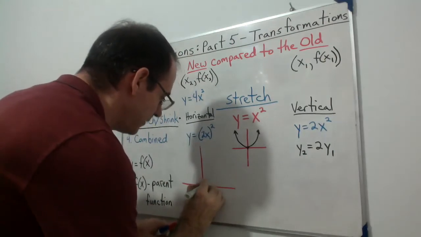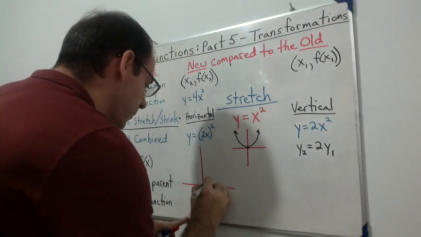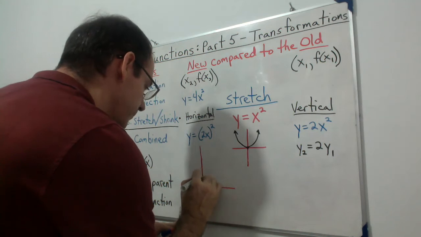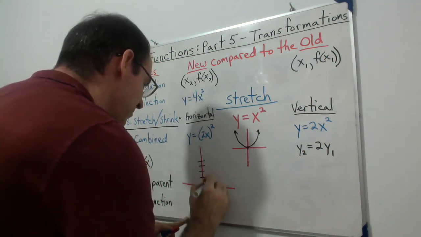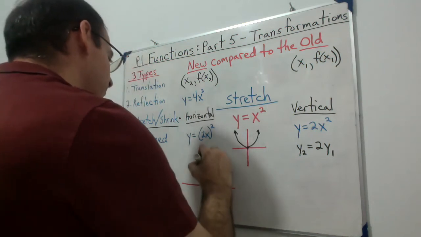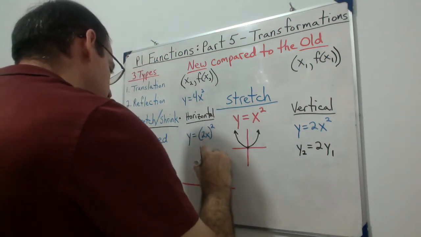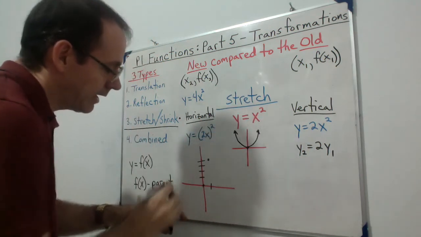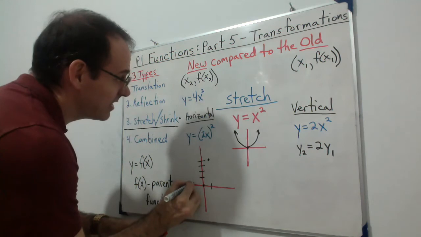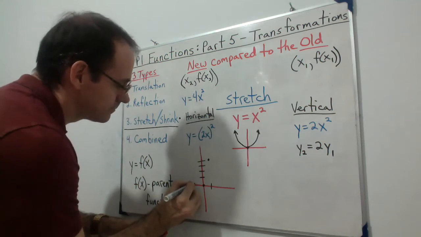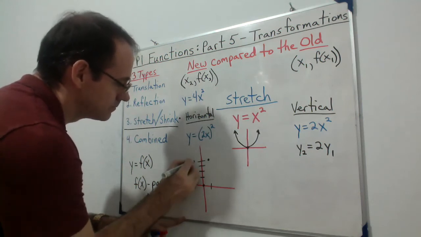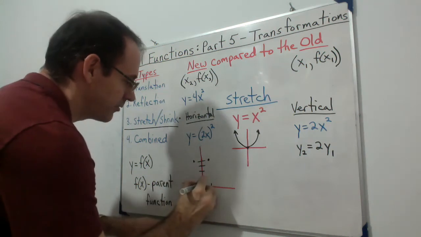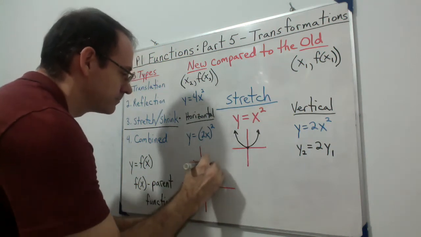So if we have, and if we take a -1, here's our 3 points of reference.